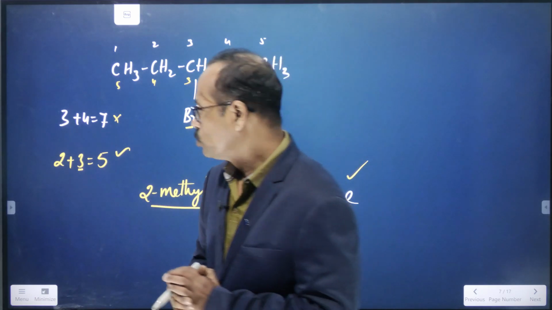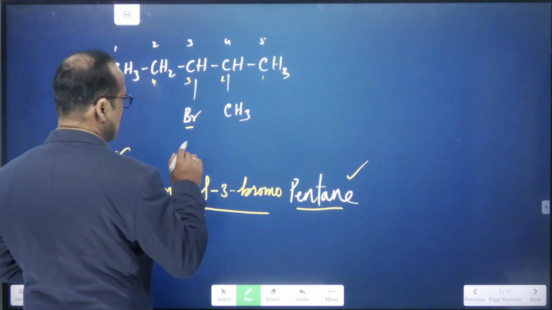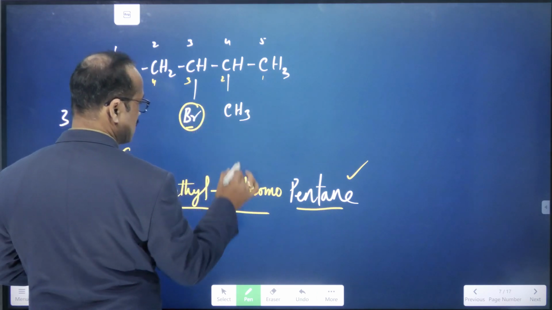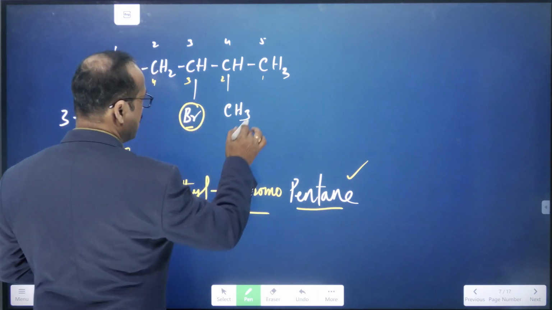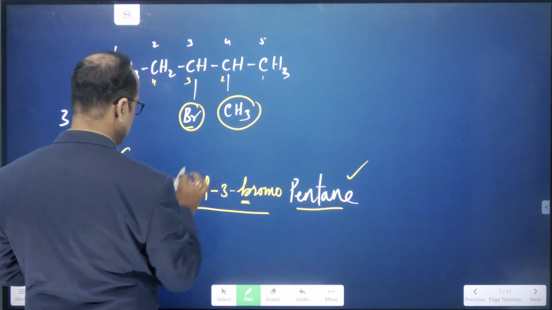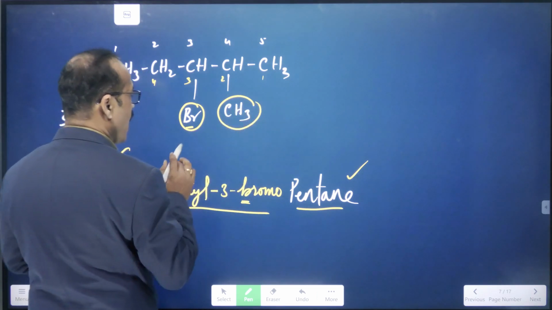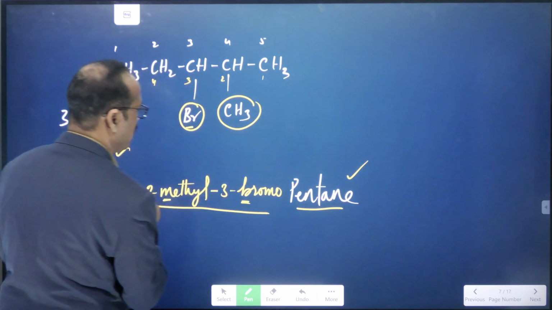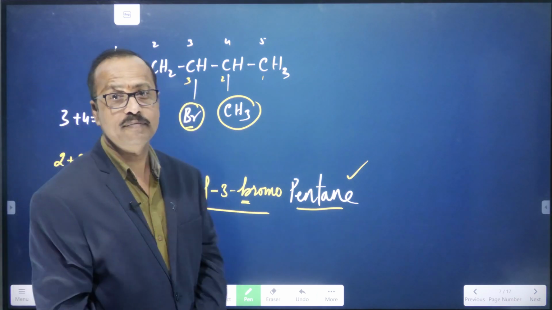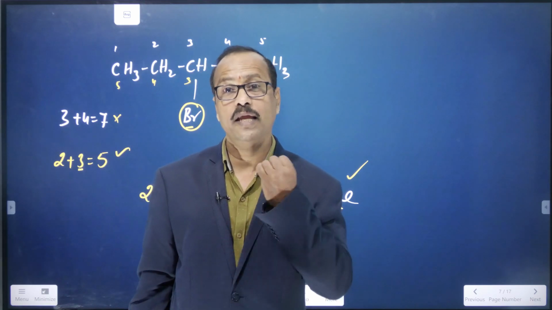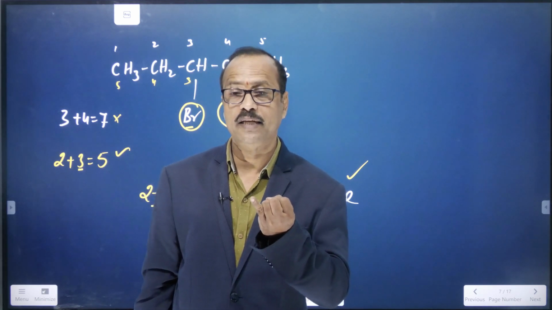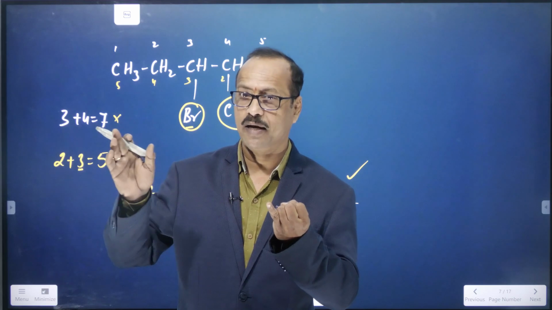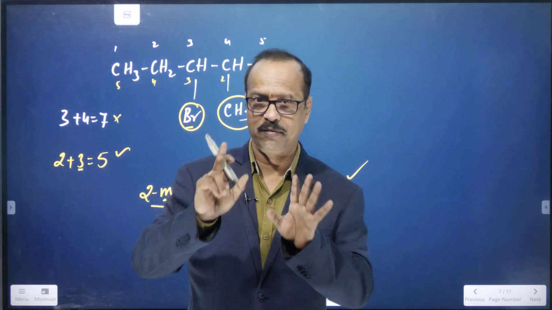So here, this is bromine starting with B. This is methyl starting with M. Now according to the alphabet, in M and B, which comes first? A, B, C, D, E, F, G, H, I, J, K, L, M, N. So M comes later, B comes first.